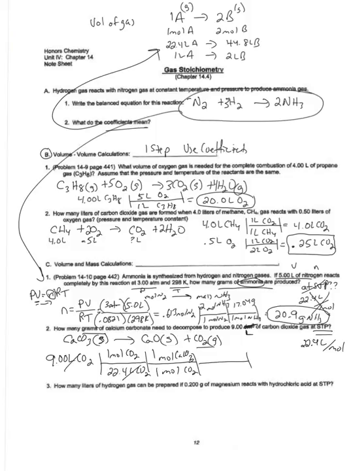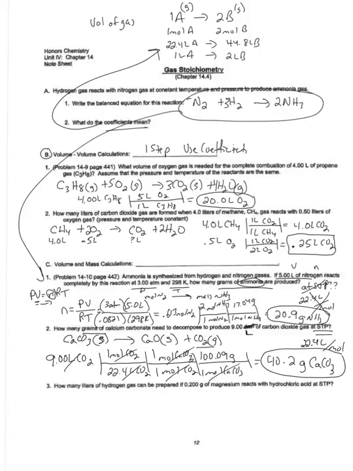And lastly, the molar mass will allow me to convert the moles of calcium carbonate into grams. 100.09 is the molar mass of calcium carbonate. All my units cancel, and I'm left with grams of calcium carbonate. Going ahead and doing the math, we end up getting the value of 40.2 grams.